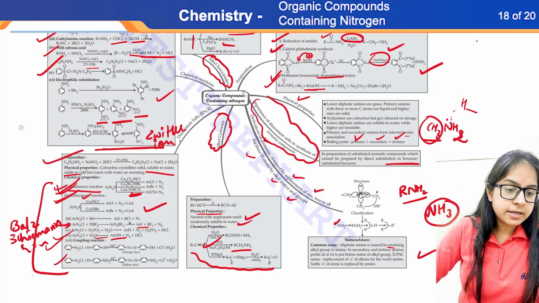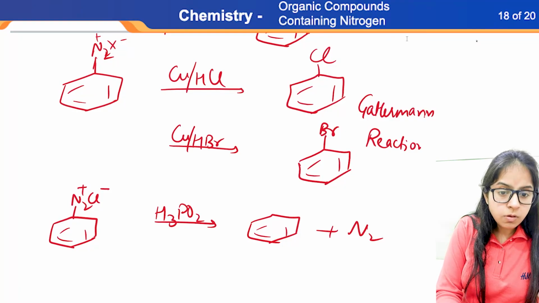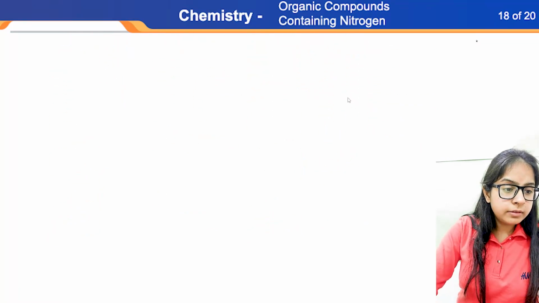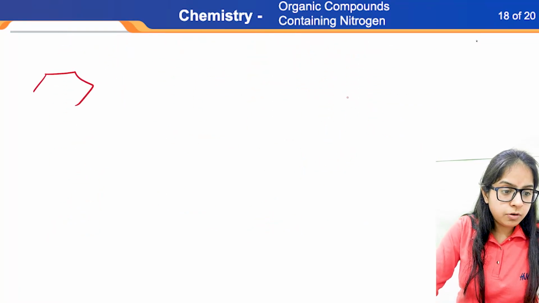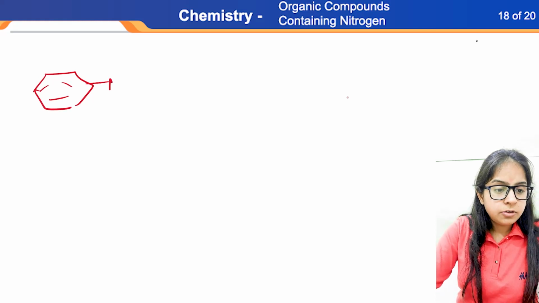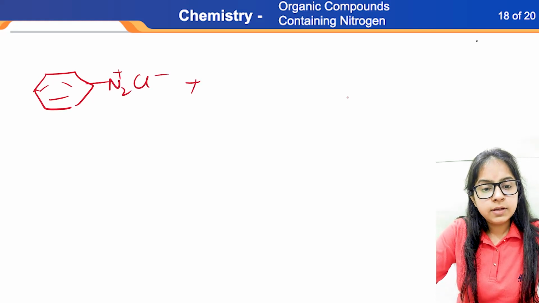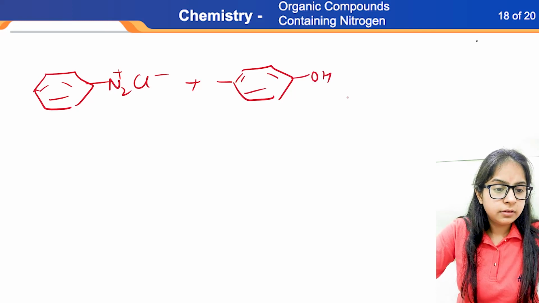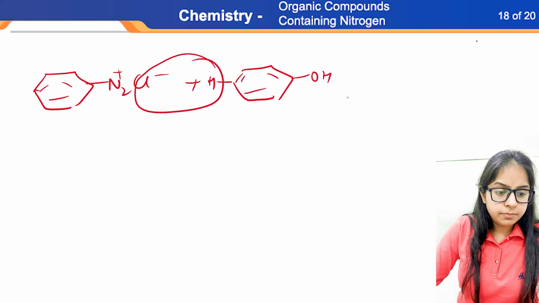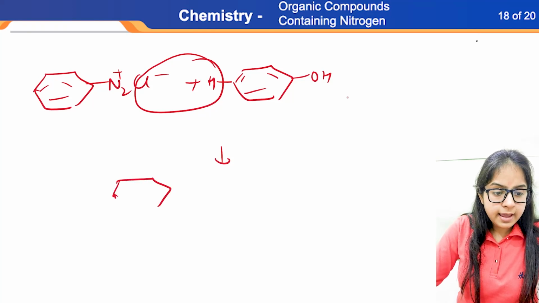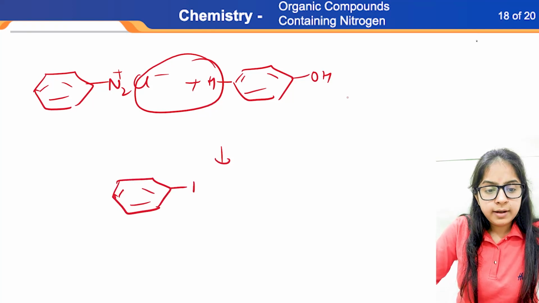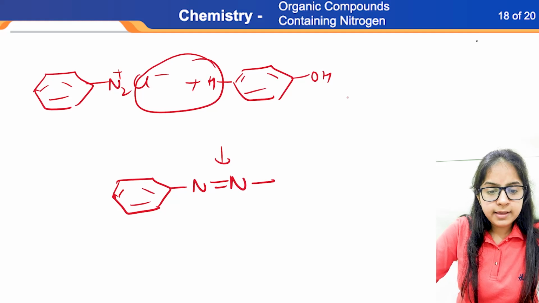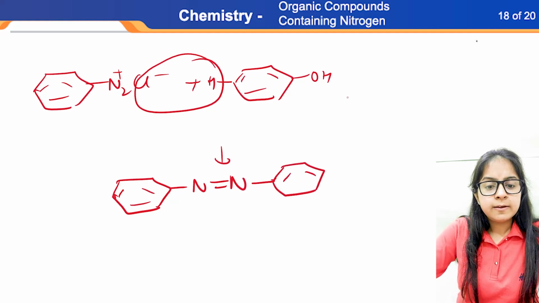When the coupling reaction is with the phenol, the phenol is like this, N2+Cl-, and this one is phenol OH H. This you are going to remove, you will get N=N. This is the coupling reaction.